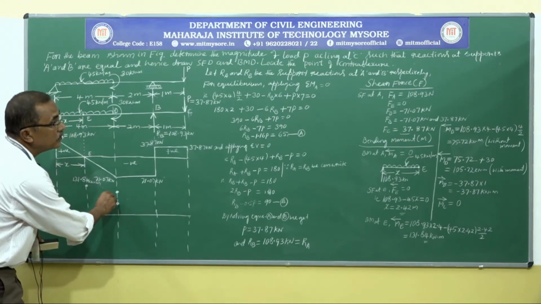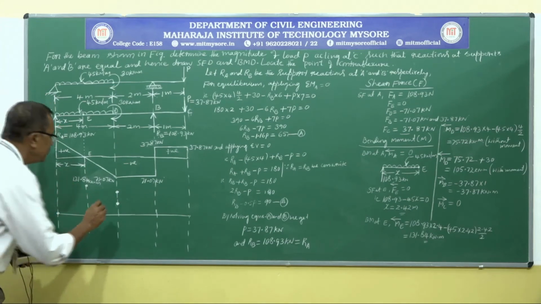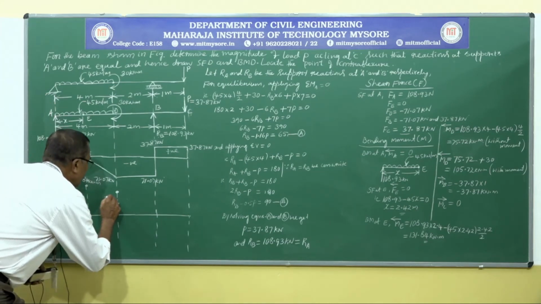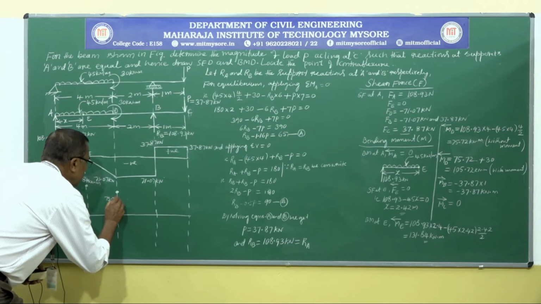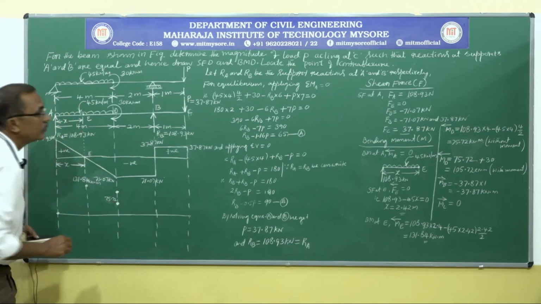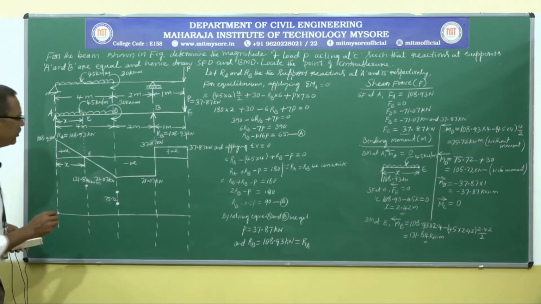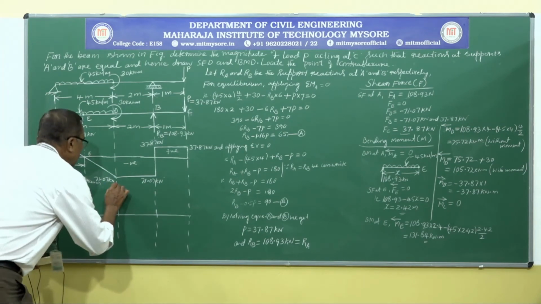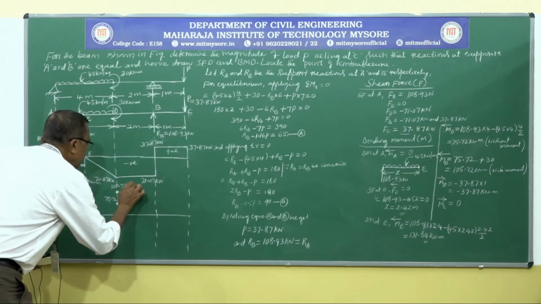This is 75.72, the first value. Next, the second value, 105.72 kilonewton meter.